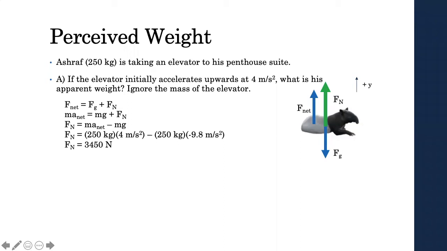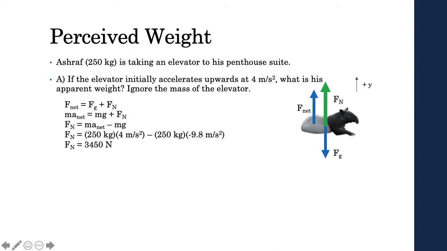So you plug in those numbers because I've given you everything. Notice this time I've declared gravity as negative because I declared up as the positive y direction. And so when you crunch that in your calculator, you get 3,450 newtons.